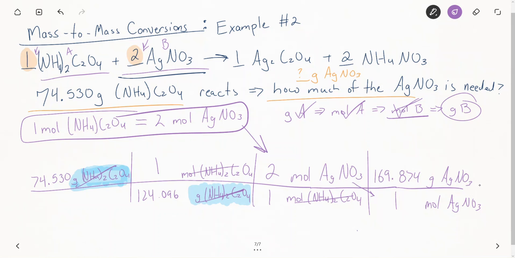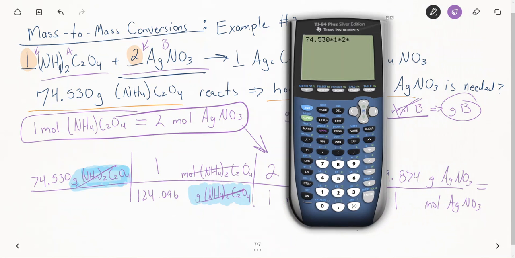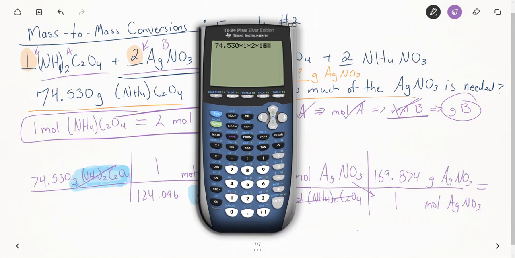Now we actually have to do the math for all of this. Whew, we got a lot to do here. So, let's go back to our calculator here. All right, 74.530 times 1 times 2 times this last piece over here, which is hiding, 169.874 equals, that's the number for multiplying everything across the top.